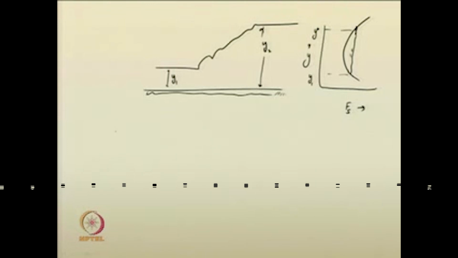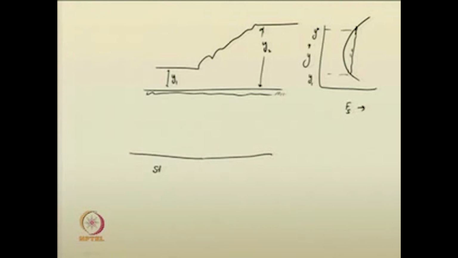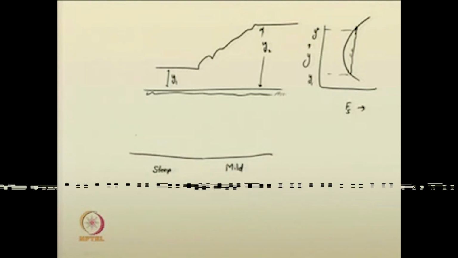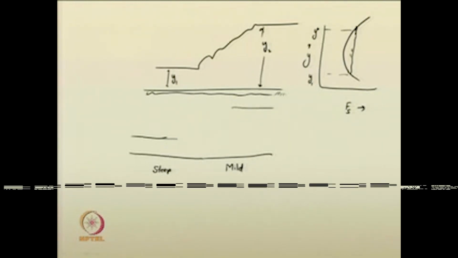So, the question I would like to ask is, for such differential slope channels, say there is a steep channel in the upstream and a mild channel in the downstream. A steep channel is carrying a supercritical flow, and a mild channel is carrying a subcritical flow.